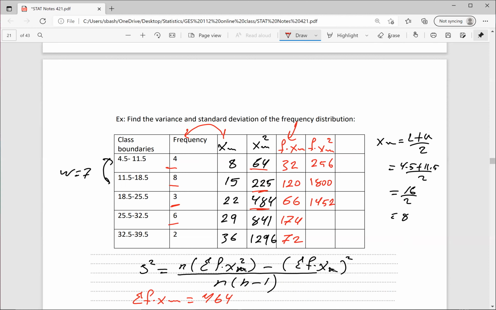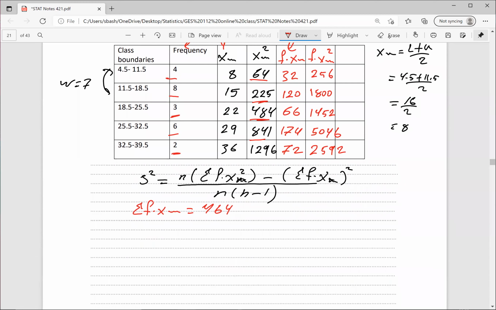Next, 6 times 841 is 5046. The last one is 2 multiplied by 1296, which is 2592.